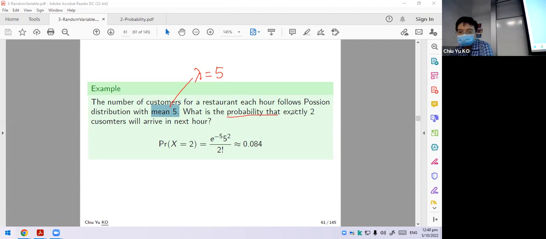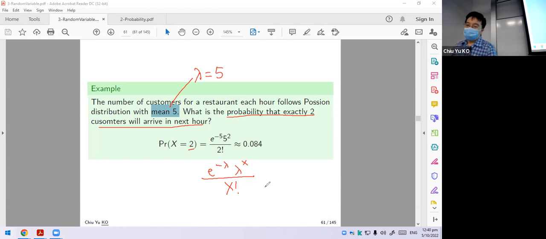What is the probability that exactly 2 customers come in the next hour? Of course, maybe more than that, maybe less, but this is just lambda is 5, x equals 2, so e to the negative lambda, lambda to the x over x factorial. Exactly 2 will be very unlikely, because the mean is 5. We expect it to be around 5, maybe 5 or 6 or 7 would be more likely. It should not deviate too much from 5.